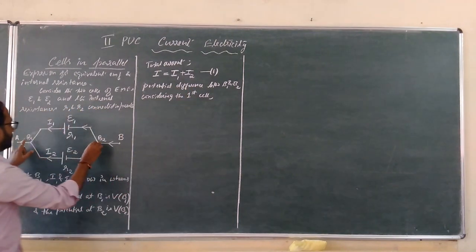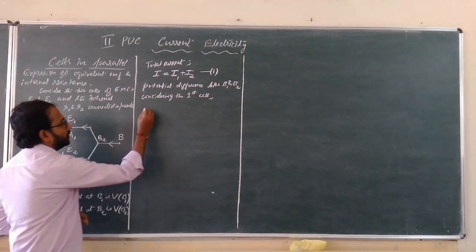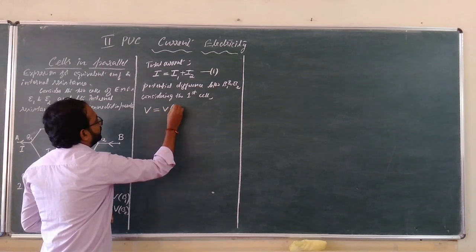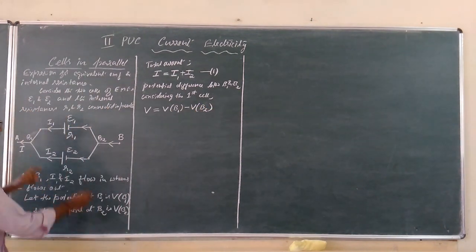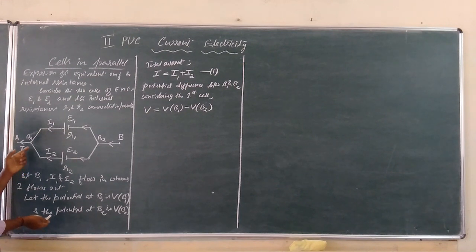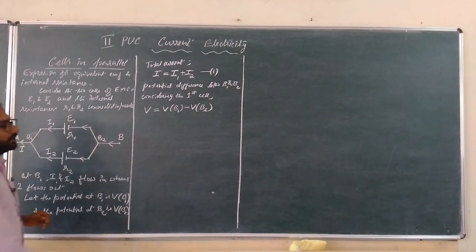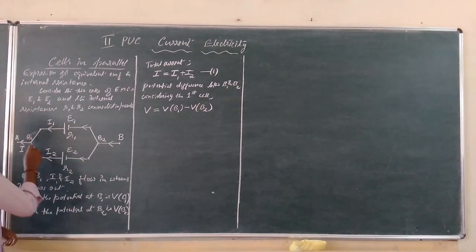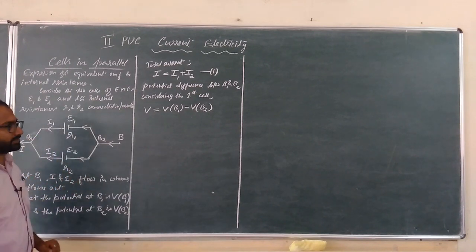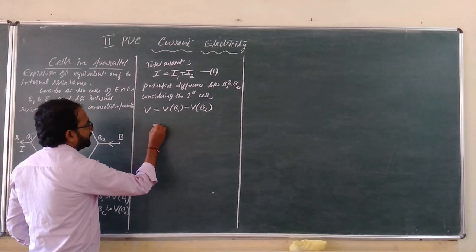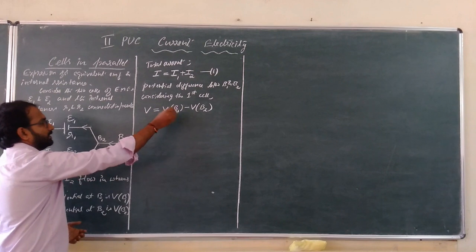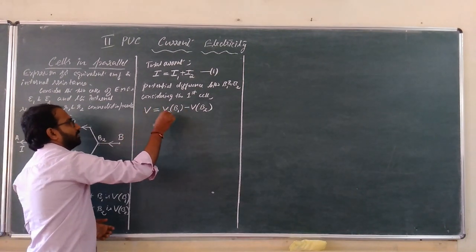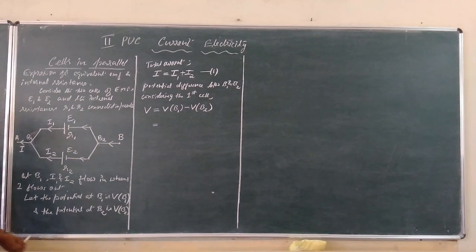That is the terminal potential difference V, which is equal to VB1 minus VB2, right? Because that is the definition of potential difference itself: the potential at this point minus the potential at this point. If you take the difference, you are calculating the potential difference across these two points. Okay, so by considering the first cell, I can write V in the form of E minus IR.